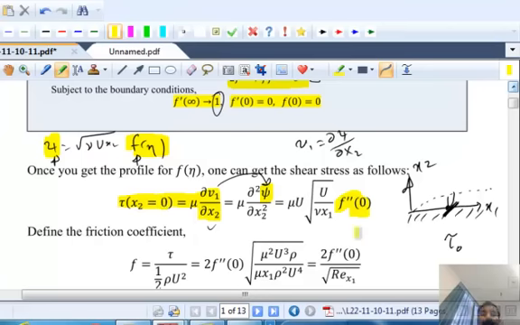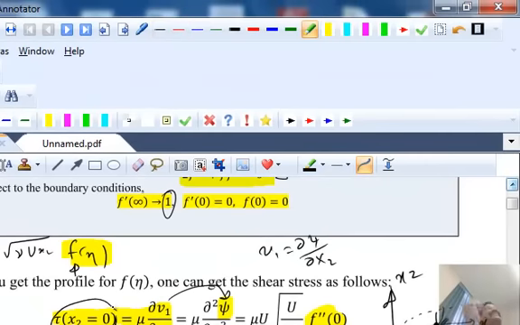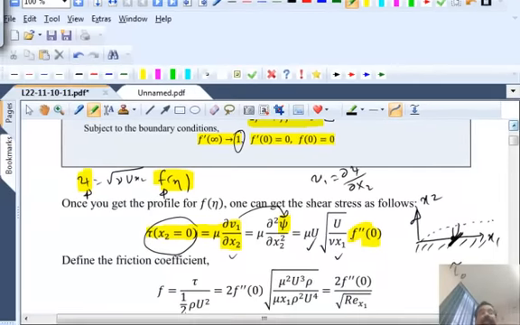So the question now is, how do I calculate the shear stress from this formula and the table? All I need to do is, well, these are all functions that I know. U is a velocity I know, viscosity I know. X1 is the spatial position at various locations.